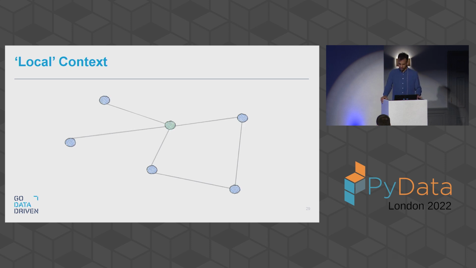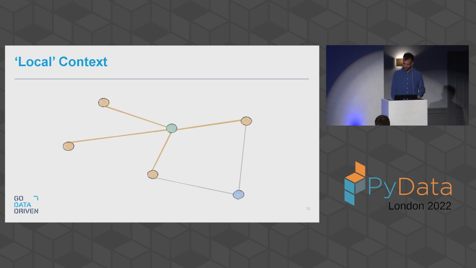So if we think about our initial graph, let's consider a single node. It's not very well highlighted, but the node in the middle is green, the rest are blue. How do we get that single node to get information from its surrounding locations? Let's say we want to consider a small subsection, so all nodes that are one node away from there.